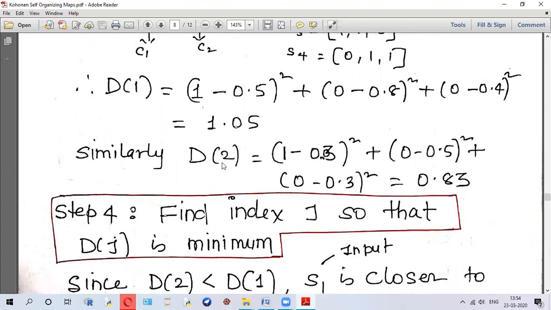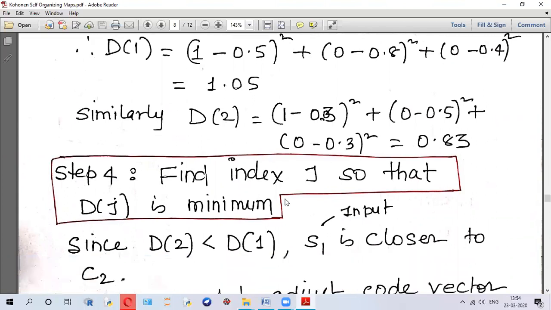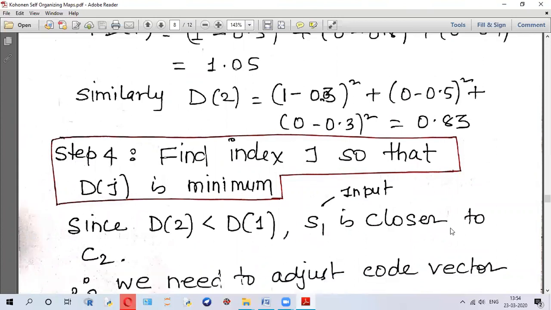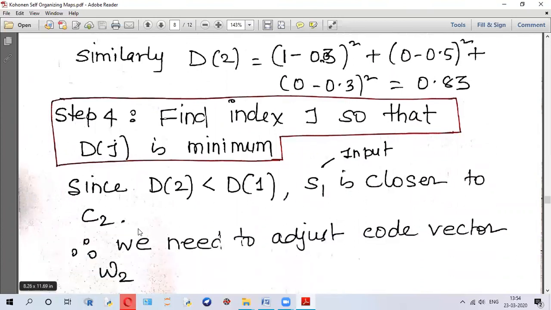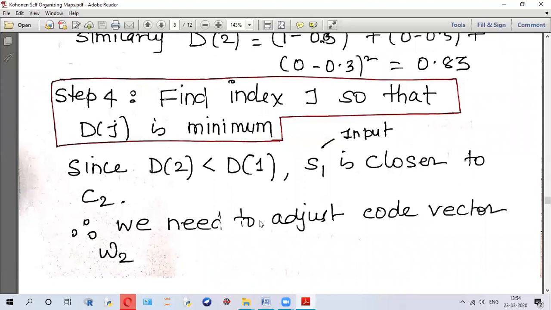Over here, index j would be 2 because 0.83 is smaller than 1.05. So D2 is less than D1, so S1 is closer to cluster unit 2. Now we need to adjust the code vector corresponding to W2, right? We need to adjust the code vector corresponding to W2.